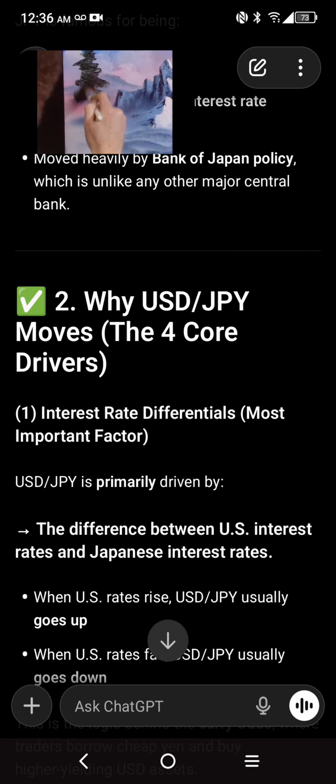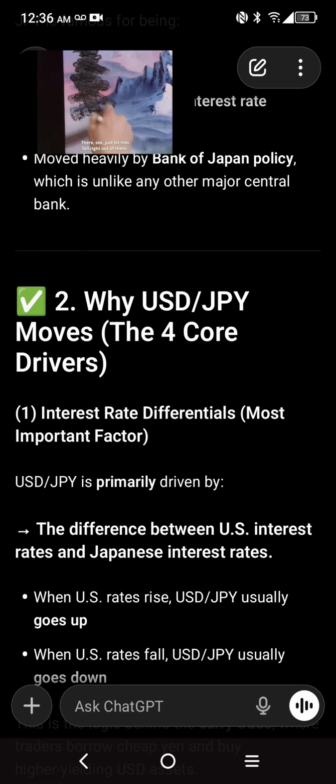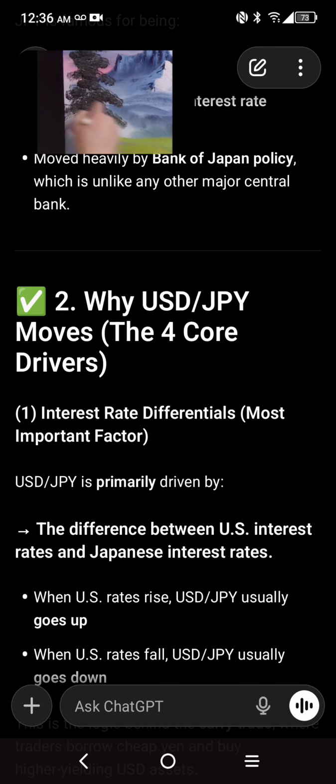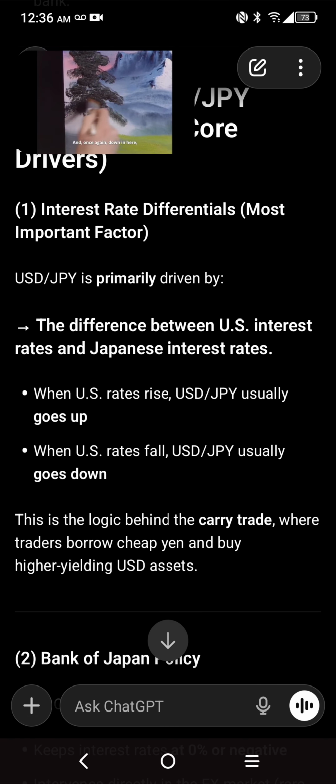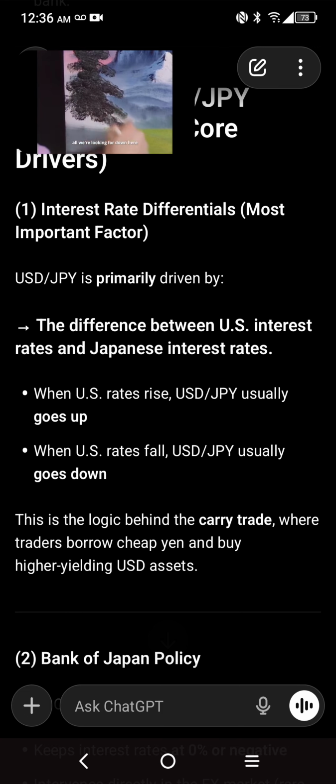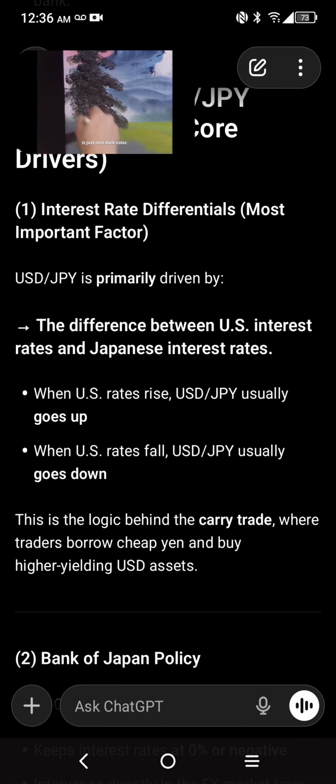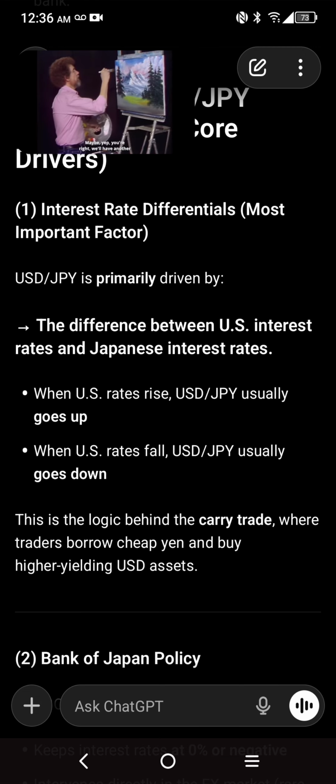Why USD/JPY moves: the four core drivers. Number 1, interest rate differentials, the most important factor. UJ is primarily driven by the difference between US interest rates and Japanese interest rates. When US interest rates rise, UJ usually goes up. When US rates fall, UJ usually goes down.